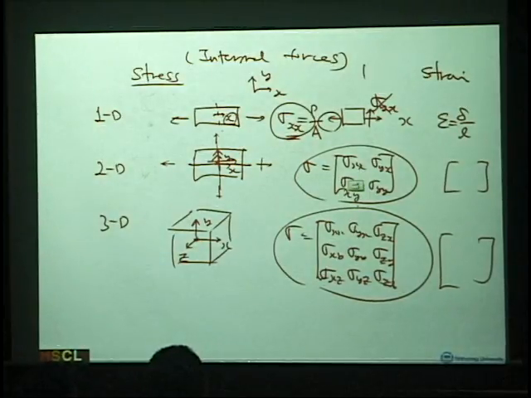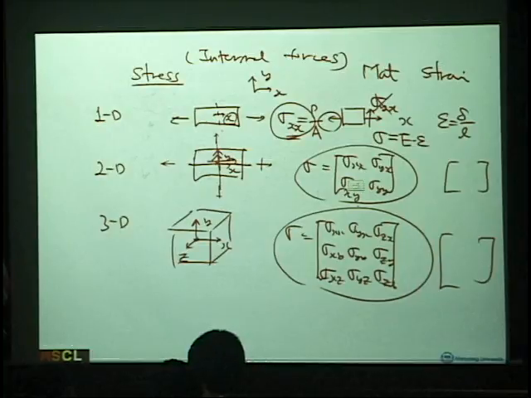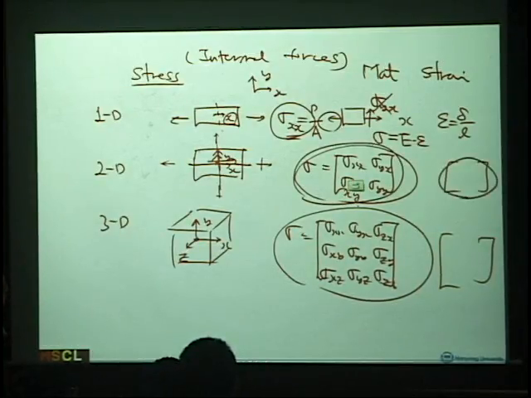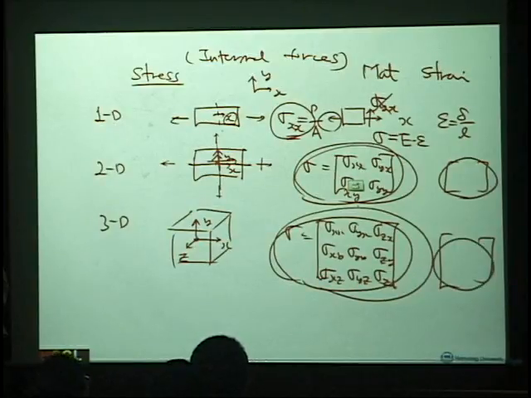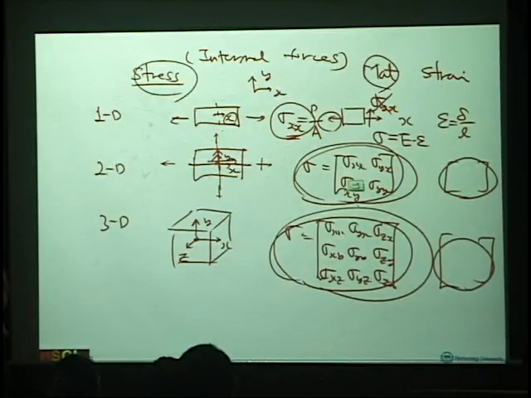And for material properties, we will define stress equals E epsilon. For the two-dimensional case, we define this stress and strain, and this stress and strain. We will define material properties relating these stresses and strains.